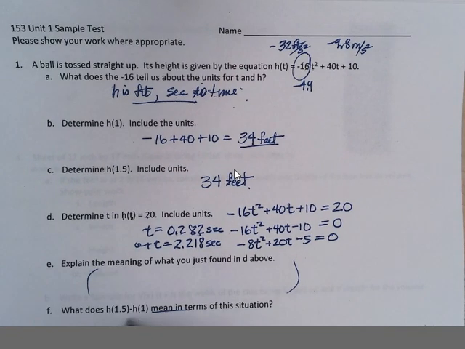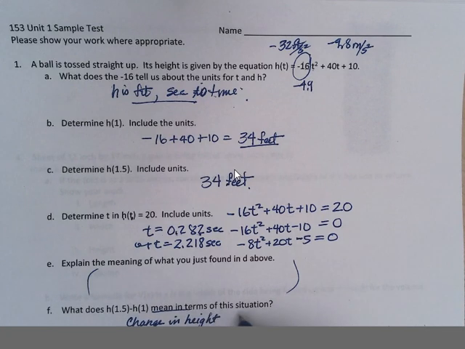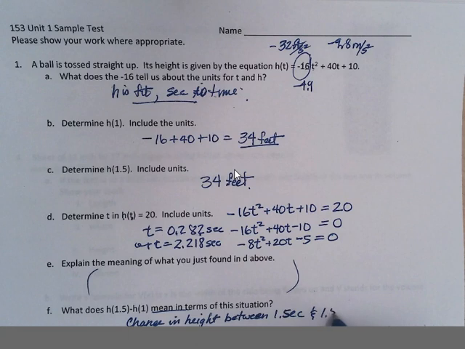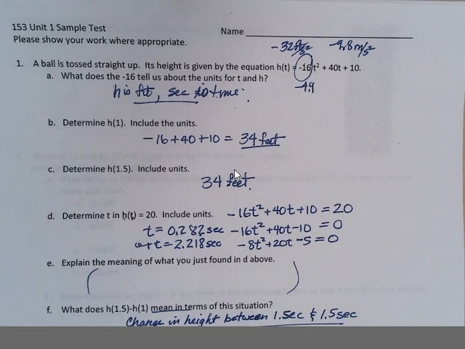It means this is the change in height between 1 second and 1.5 seconds. So we figure out where it was at the end at 1.5, and then figure out where it was at the beginning at 1 second. Subtract those two, and we get the change in the height between 1 and 1.5 seconds.